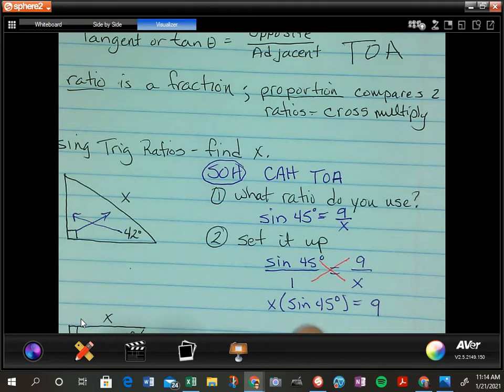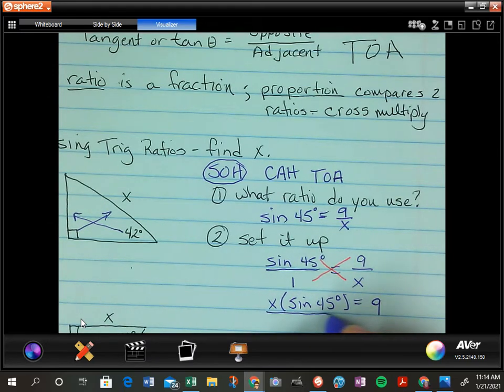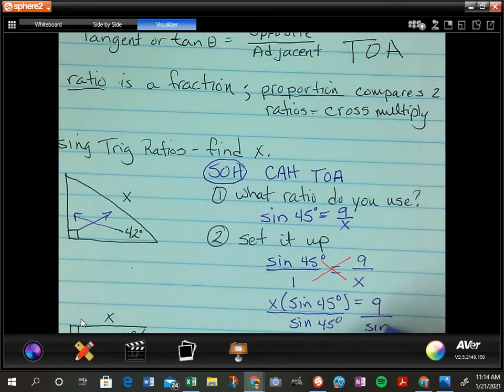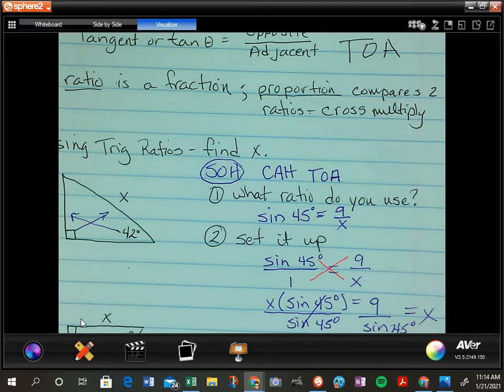Now remember, when we put sine in the calculator, we get a decimal. So we're just going to divide by sine of 45, and divide by sine of 45. That will give us x equal to, because that cancels, right?